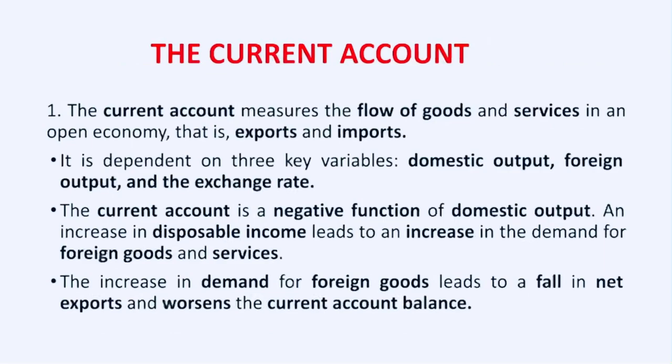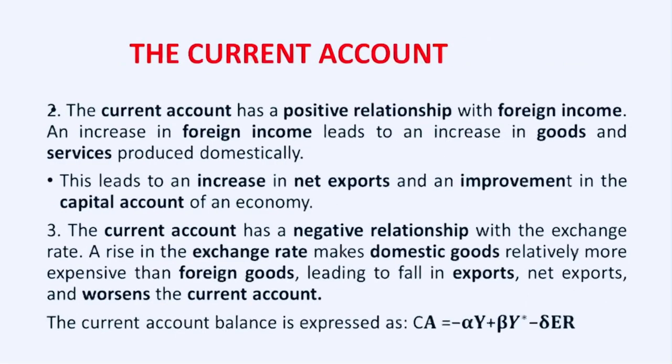For instance, in Sierra Leone, most people tend to want to enjoy life once they feel rich. You want to have an iPhone, you want to buy the best of items, the best of commodities and the rest. So it leads to an increase in demand for foreign goods. Now, as demand for foreign goods increases, this leads to increased imports and a fall in net export. So as net export falls, it worsens the current account balance.